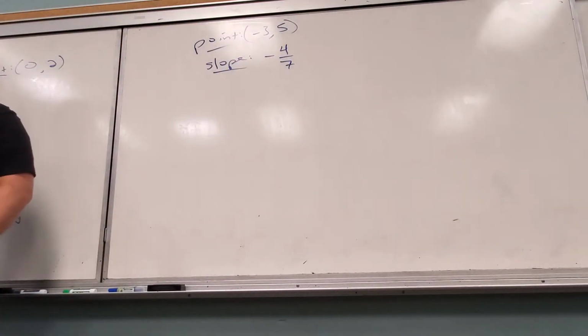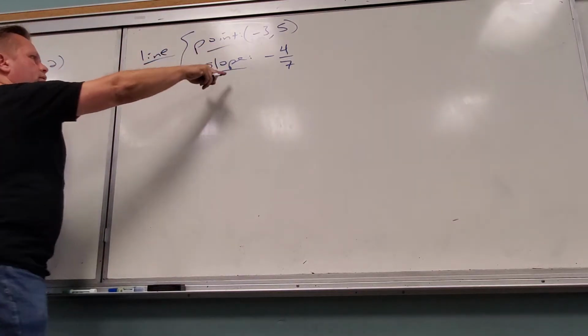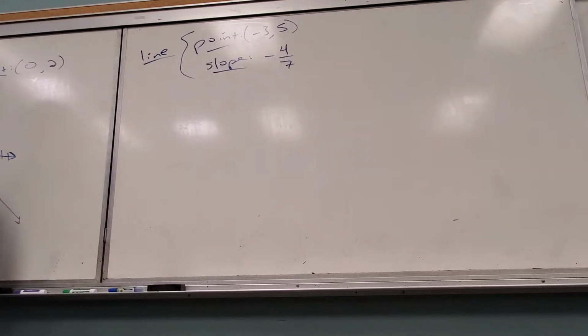Can you graph that for me, that line? So it's a line that goes to that point and has that slope. Graph it for me.